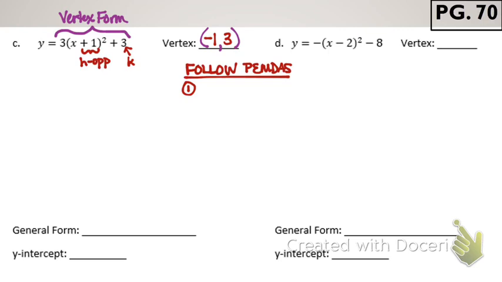So we do exponents first. Then we will multiply by our a value. And last, we will add or subtract whatever our k value is. So I'm going to rewrite this guy.